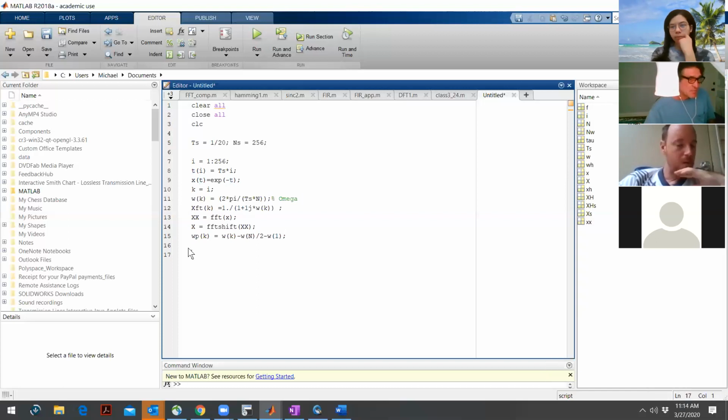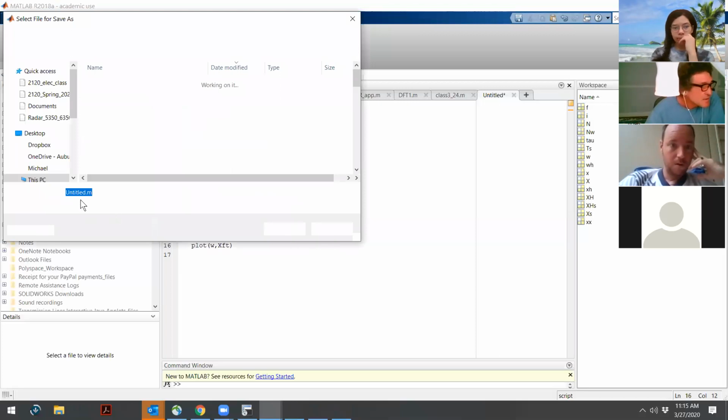So the only thing here I'm going to first put down is plot of omega, comma, if I could only spell. Plot of omega, and the next value is going to be X FT. All right, let's see what that looks like. And I'm going to run this. I'm going to have to give it a title.